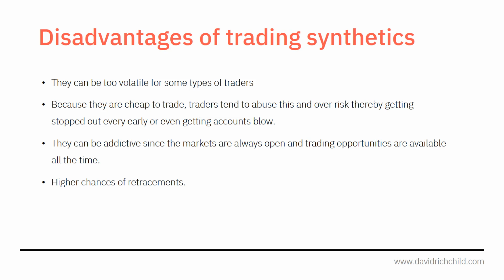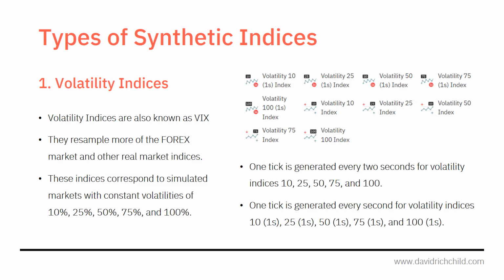Okay, so what are the types of synthetic indices that you can trade? Number one are the volatility indices. Volatility indices are also known as VIX. I think these are the most popular indices on Deriv, and they resemble more of the forex market and other real market indices.